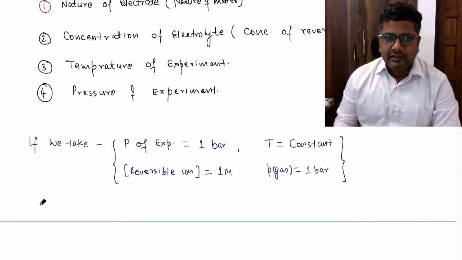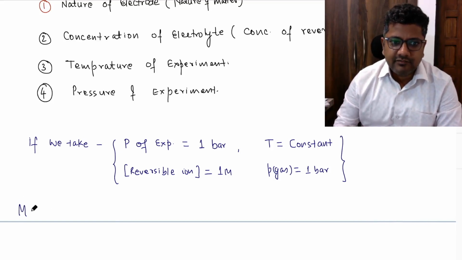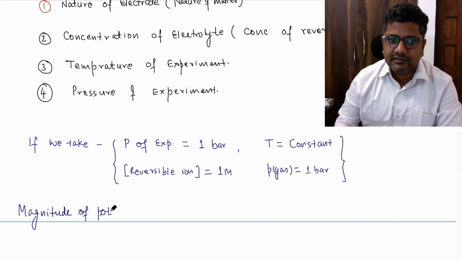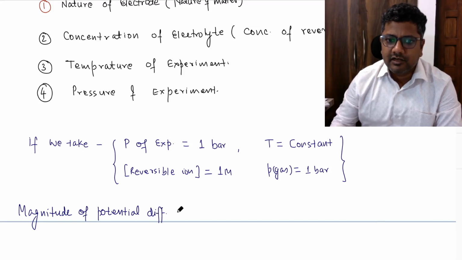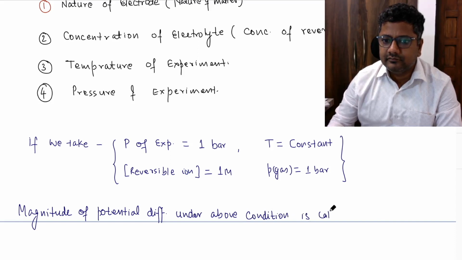So the magnitude of potential difference under the above condition is called standard electrode potential.